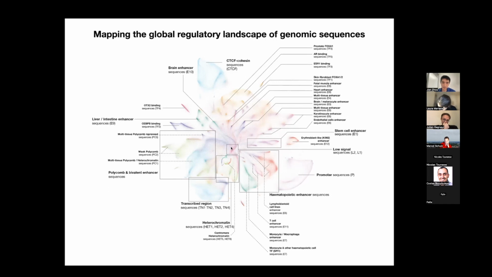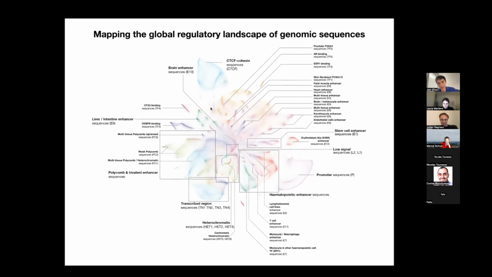Some interesting organizational structure can be observed here too. At the center, we see mostly low signal sequences. Even though it is a small region, it contains a large part of the genome, which just has low activity. And radiating out at the periphery, you have more sequences with functional annotations and functional activity expected.